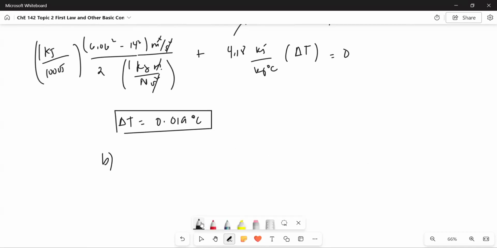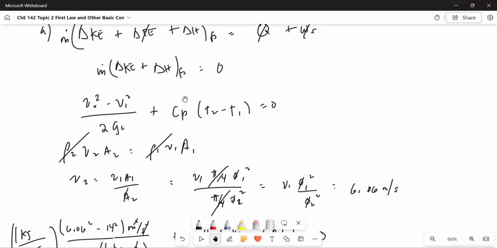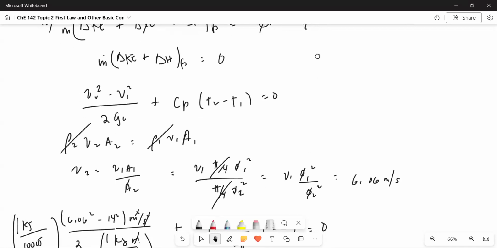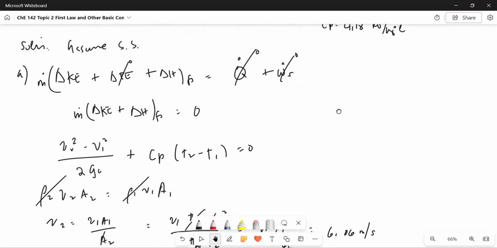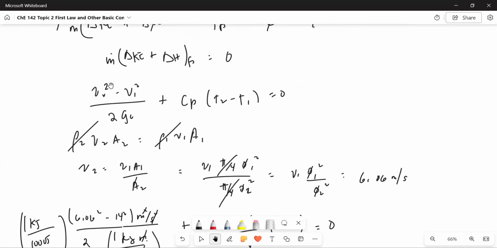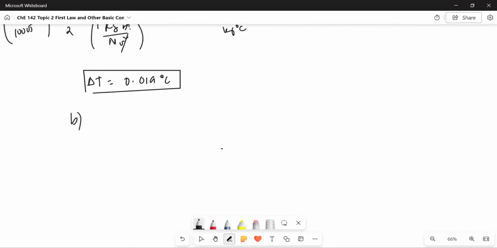So we can express this equation, rather than in terms of V, in terms of diameter, because we want to determine the limit of delta T as diameter 2 approaches infinity.